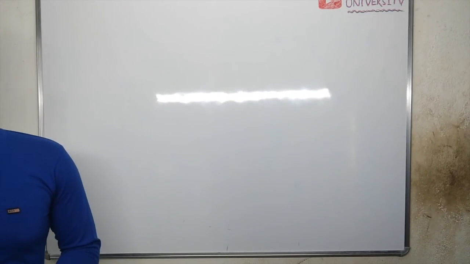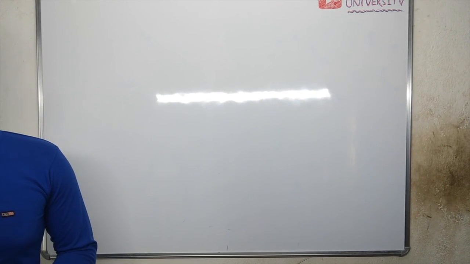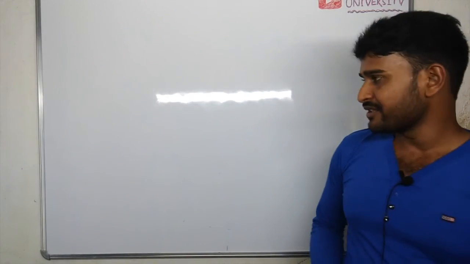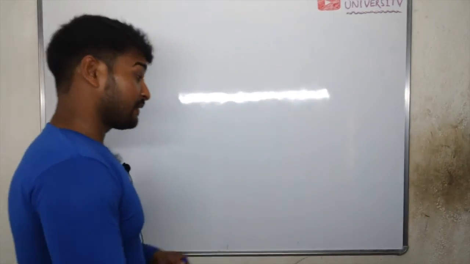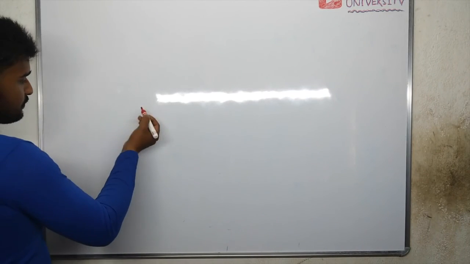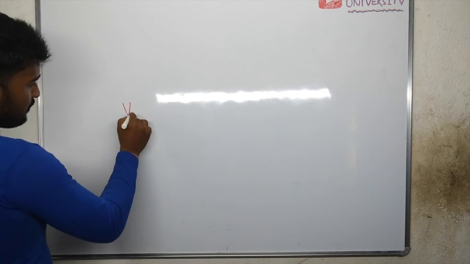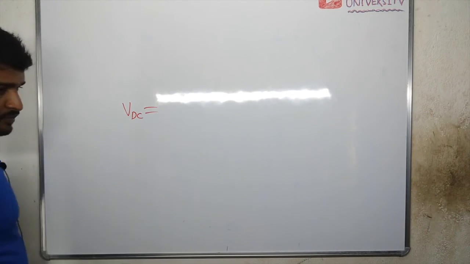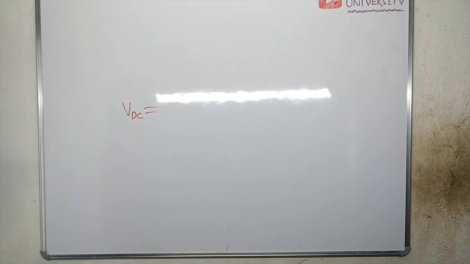The question is, a bridge rectifier uses a 9 volt AC input voltage. The diodes are ideal. What is the DC output voltage? That is VDC.